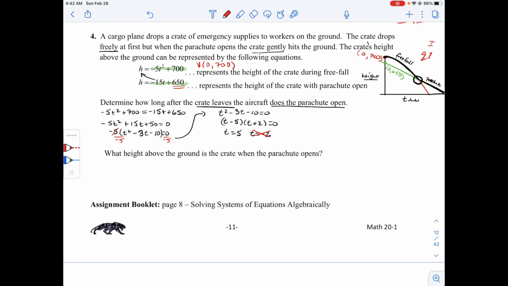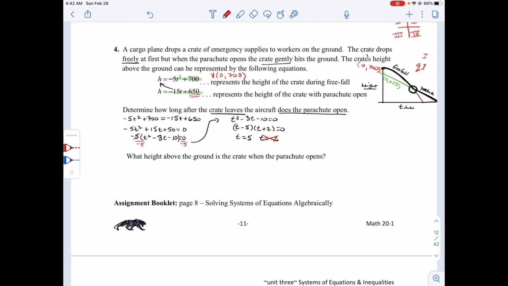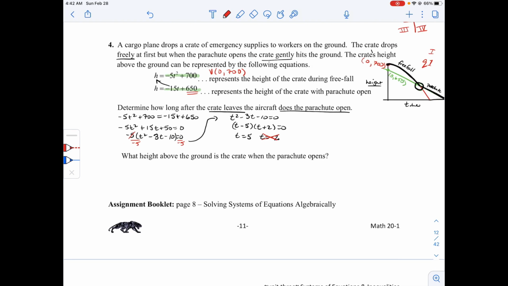And so how long after the crate leaves the aircraft does the parachute open? After 5, and I would presume that's seconds. It doesn't say, but it's not going to be 5 minutes. This would be time in seconds. It doesn't really say what units we're looking at, but let's presume it's seconds.